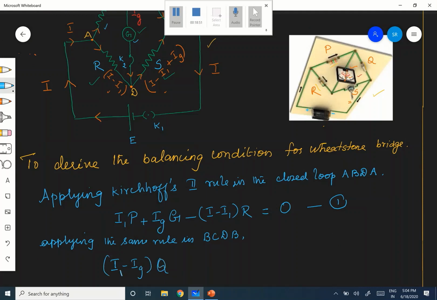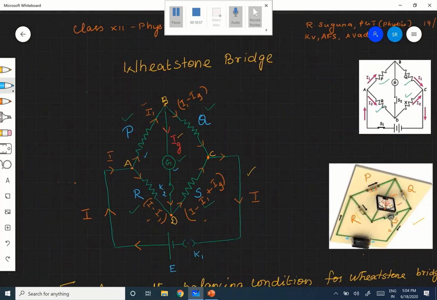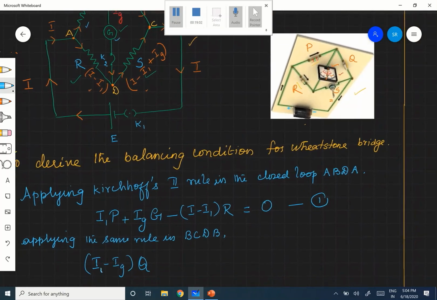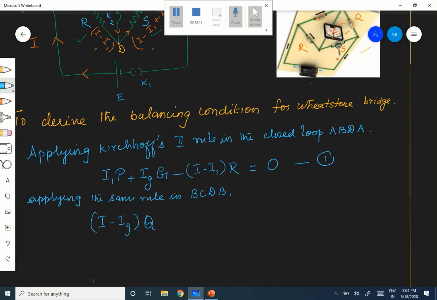Next one is in CD. In CD the current is going anti-clockwise. Therefore the current has to be negative here.